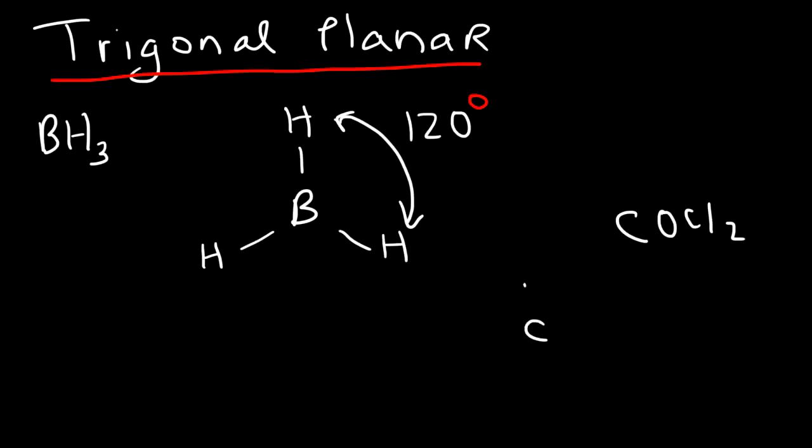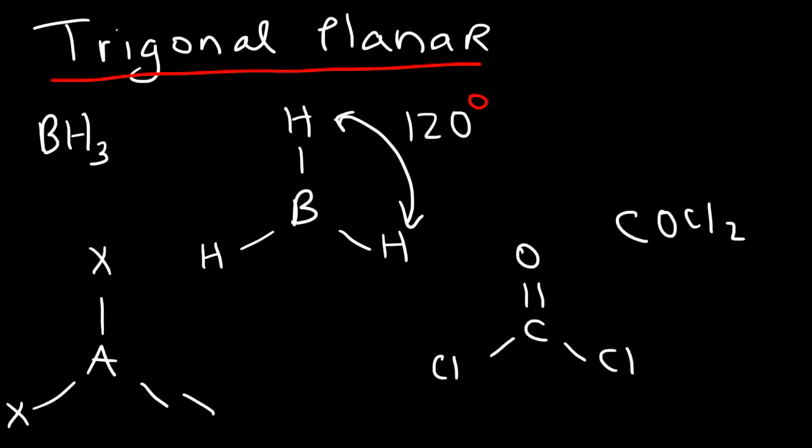So in this structure, carbon has a double bond to an oxygen, and it's attached to 2 chlorine atoms. So anytime you have an atom at the center, surrounded by 3 things, and if the central atom doesn't have any lone pairs, then what you have is a trigonal planar structure with a bond angle of approximately 120.